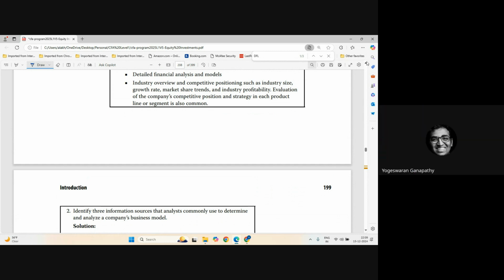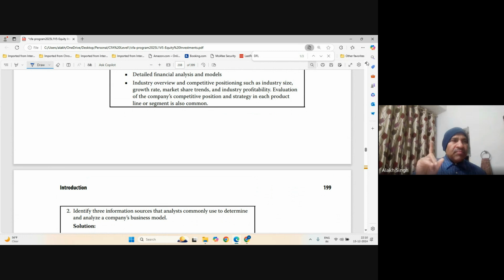Identify three information sources that analysts commonly use to determine and analyze the company's business model. So whatever is available in the public, like the filings, annual reports, quarterly reports. Then the company report on the website.